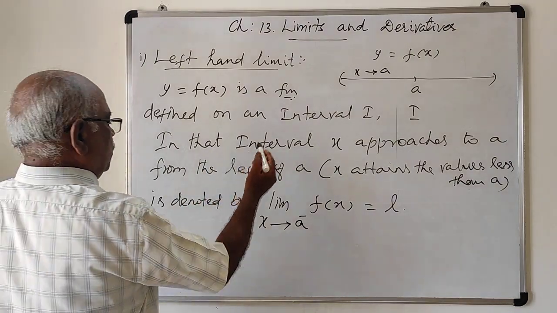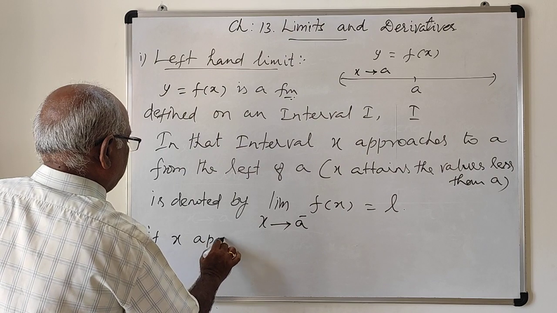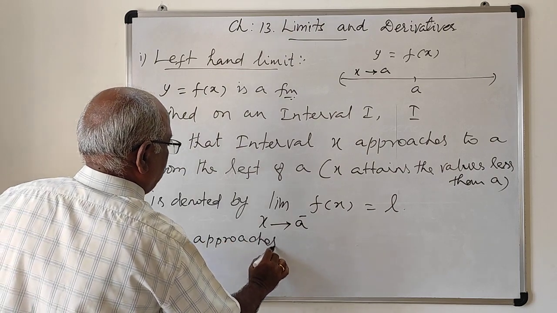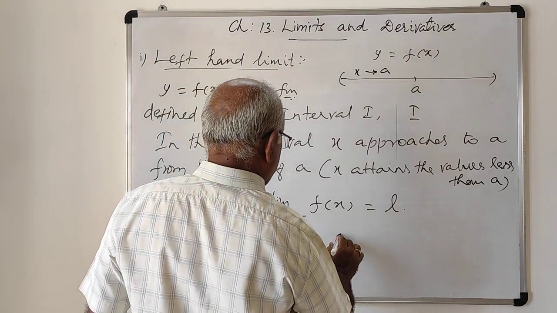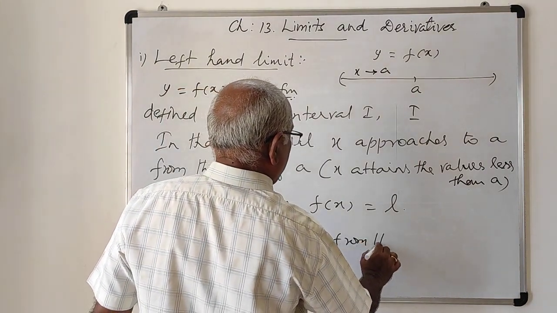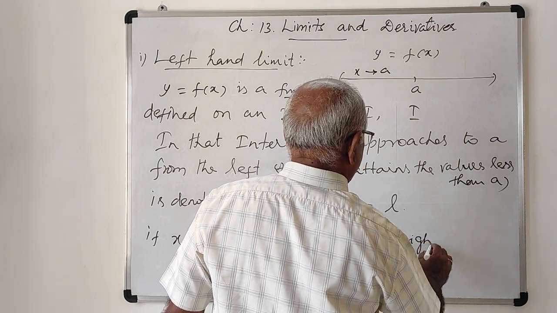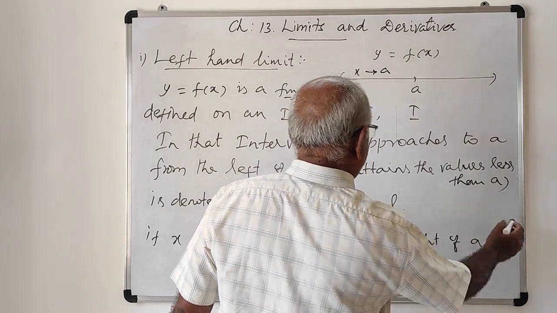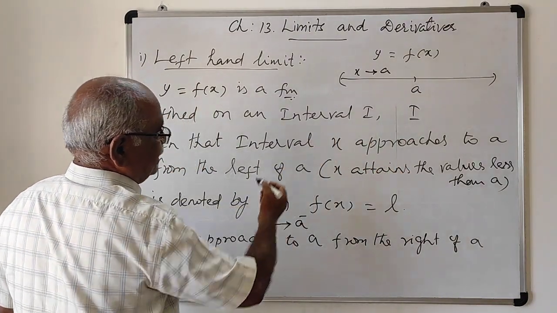Similarly, in the interval, if x approaches a from the right of a, from the right side of the constant a, that is, x attains the values greater than a.